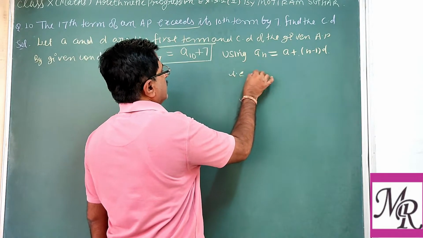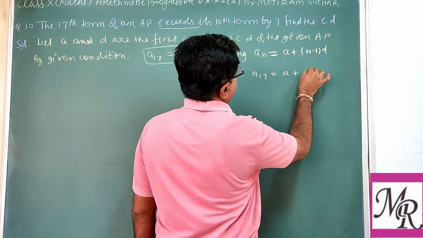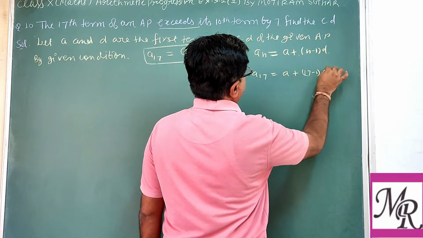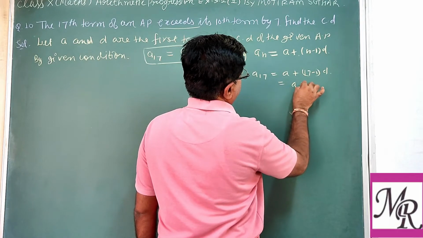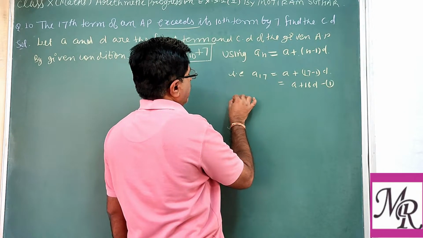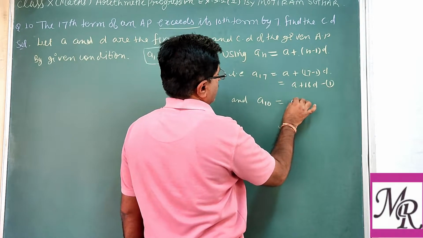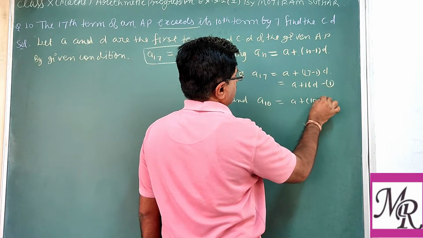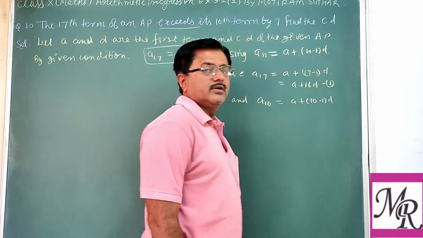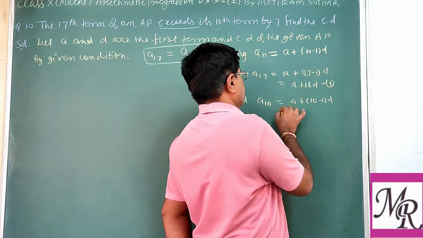So A17 can be written as A plus 17 minus 1, or you can say A plus 16d. And the 10th term is A plus 10 minus 1 into d. So what we get? A plus 9d.